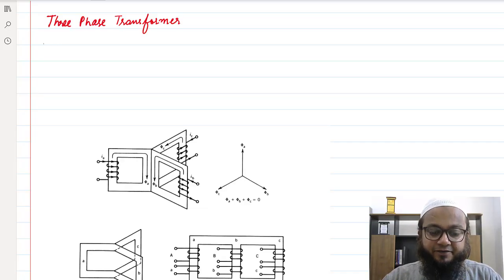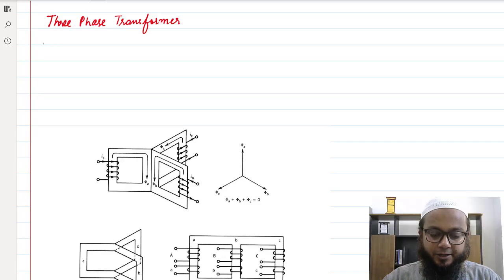But the benefit is, let's say in case of any fault in one phase, you can easily remove the one particular transformer which has faced the fault situation, and you can replace it by another single-phase unit there.